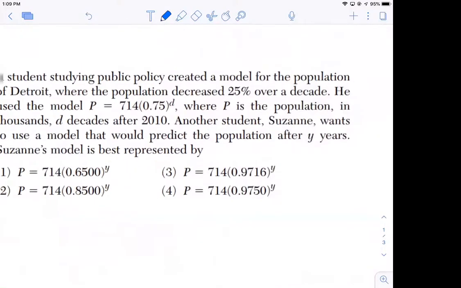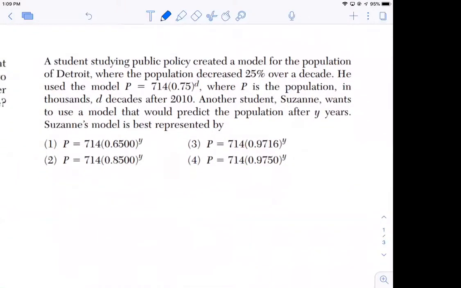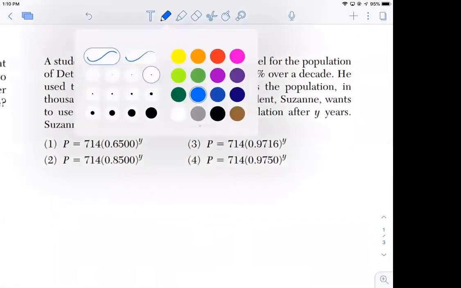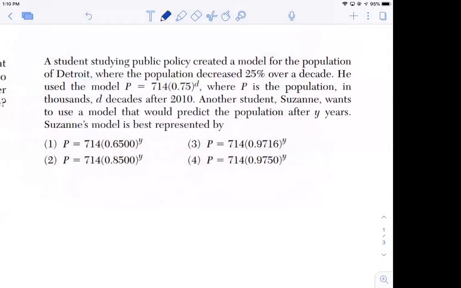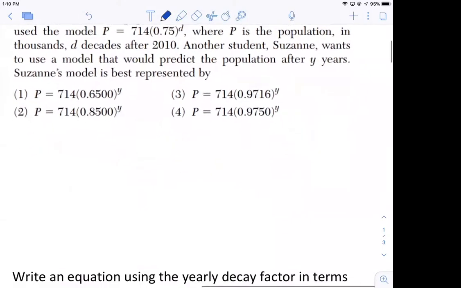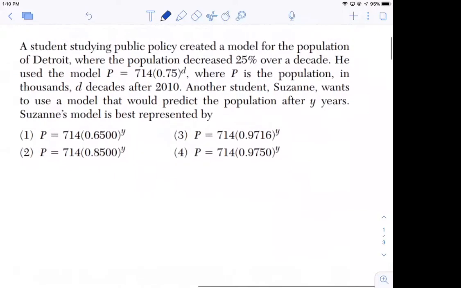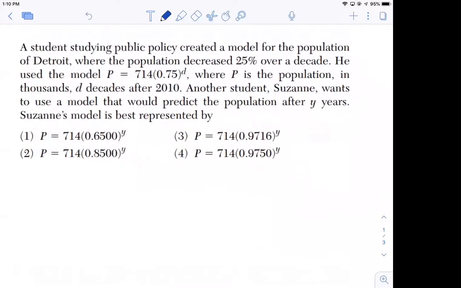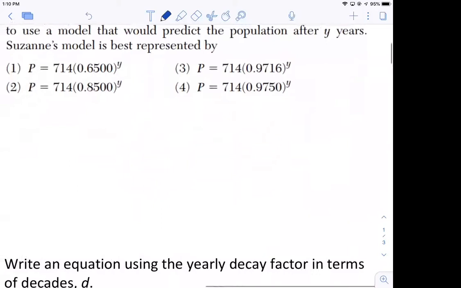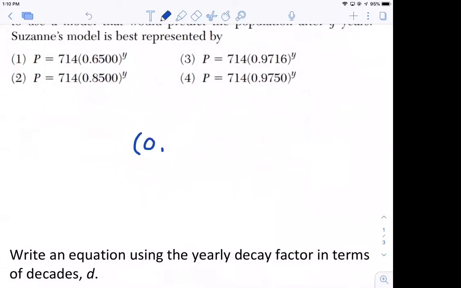All right. Second one, you have the decade decay rate, and you want to get the yearly rate. So it's just like the previous problem, right? If our decade growth rate, actually not growth rate, our decay rate is 25%, we're multiplying by 0.75 over 10 years.